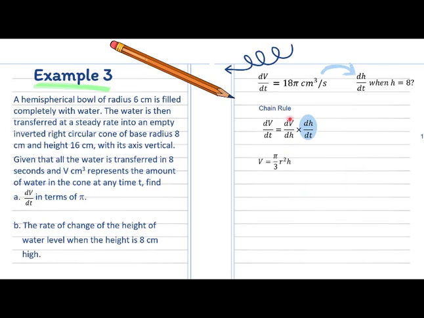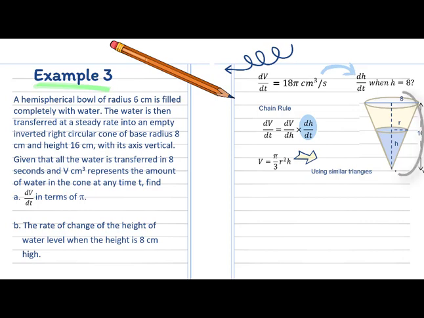So we start by finding dV/dh first. dV/dh will be obtained from pi over 3 r squared h, the volume of the cone. This cone has a radius of 8 and a height h of 16.